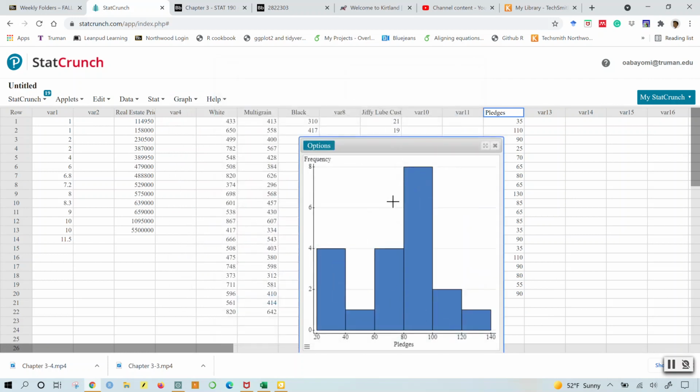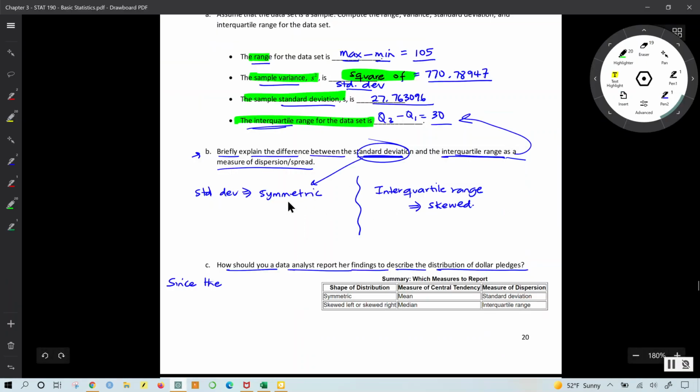What I see here is an approximately symmetric distribution, since I don't see a longer tail to the left or to the right. So, with that said, I am going to report the mean, since the distribution is symmetric, and based on what we just said, since the distribution is symmetric, I'm also going to report the standard deviation.